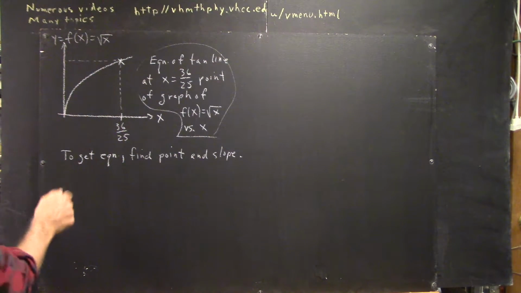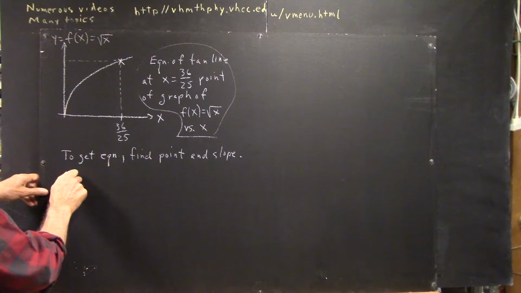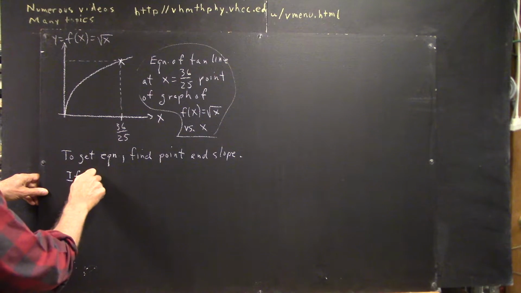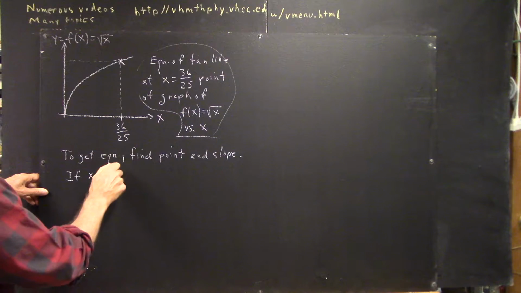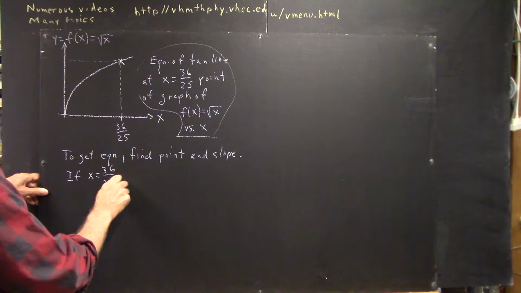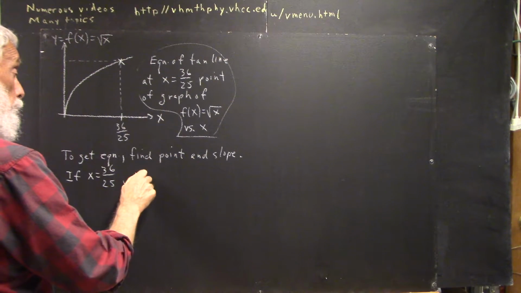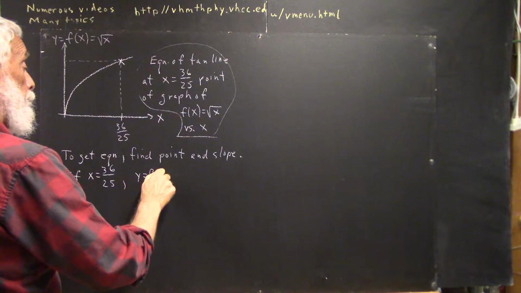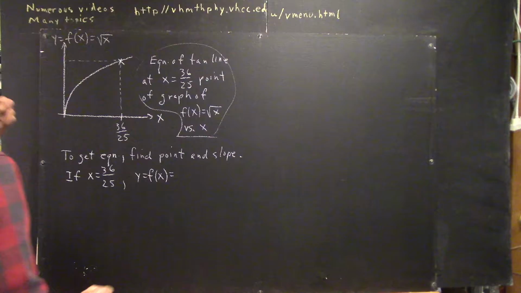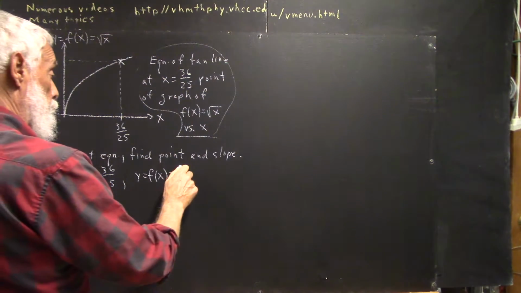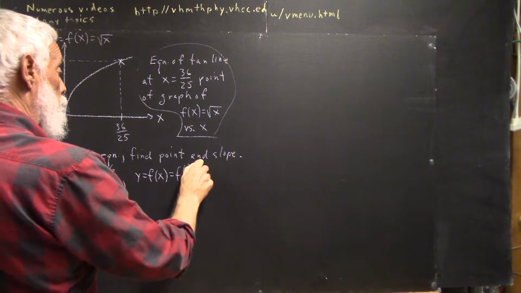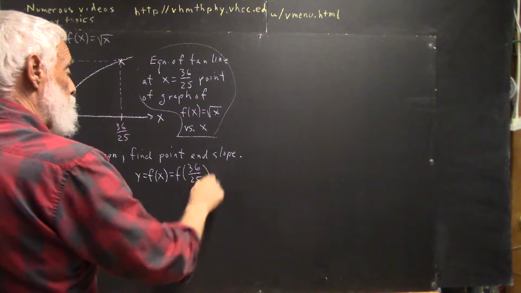Well, if x is 36 over 25, and you probably already know this, but we'll write it out, then y equals f of x, and x is 36 over 25, so that's f of 36 over 25.